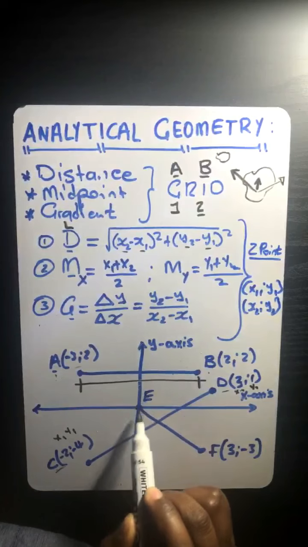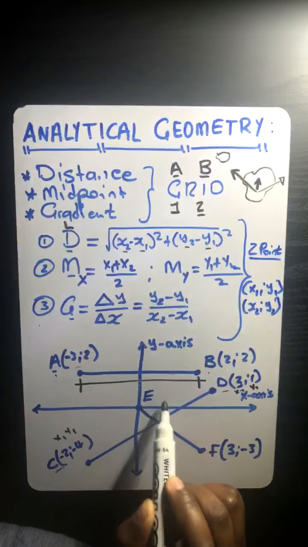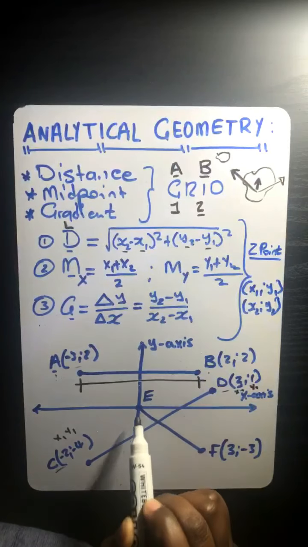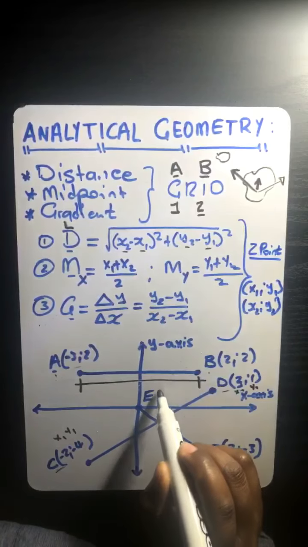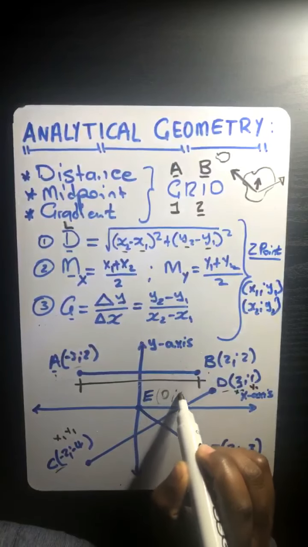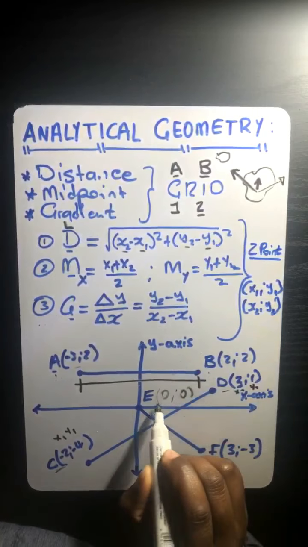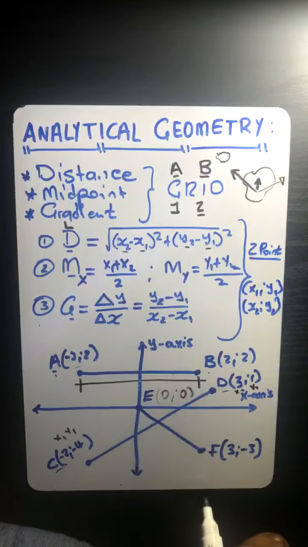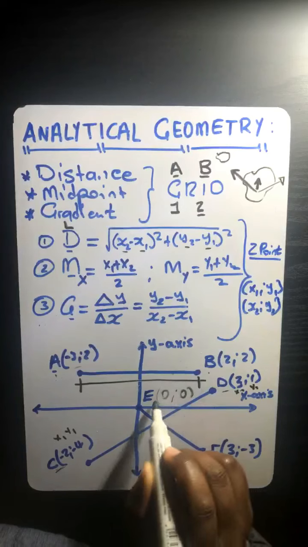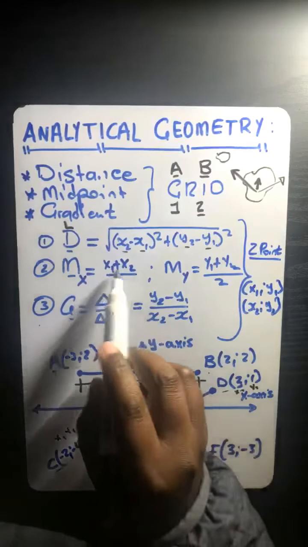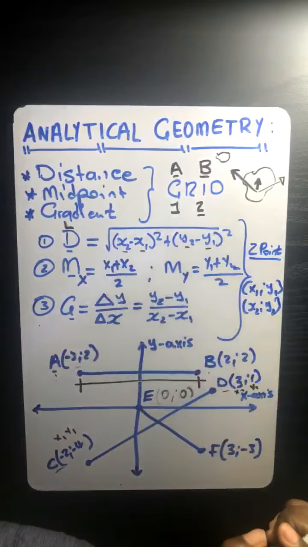This is point E there, but it is not given the coordinates. But because you know that point, it is the origin. And at the origin, that's where you have your x being 0 and your y being 0. Make sure that you write it there so that you can say, yes, I've got 2 coordinates. Therefore, you can easily substitute into your formula.